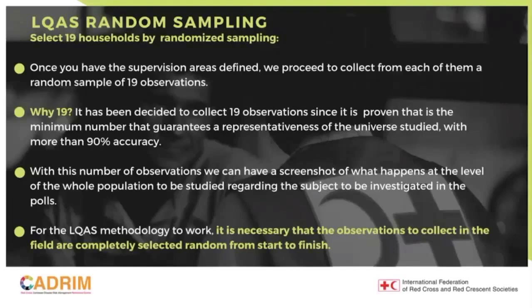So why 19? Because it has been studied, or observed, that having 19 observations or 19 implementations of the survey is proven to be the minimum number that guarantees representativeness of the universe studied with more than 90% accuracy.